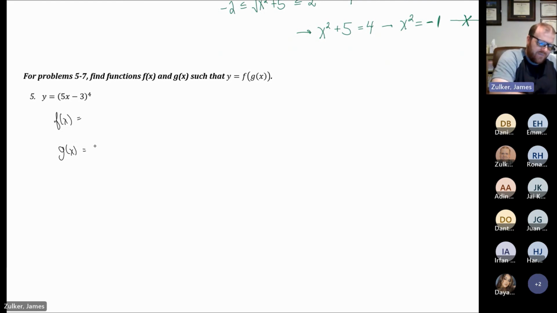Well, it looks to me like it's 5x minus 3. What is g of x being raised to? It's being raised to the fourth power. So my f of x would be x to the fourth. So there are my two functions, f and g.